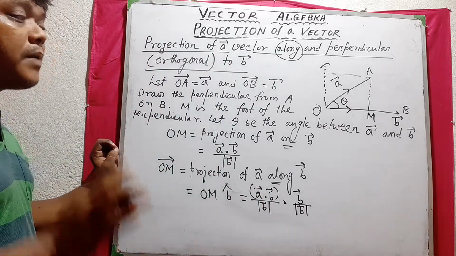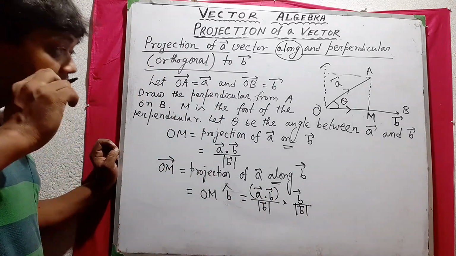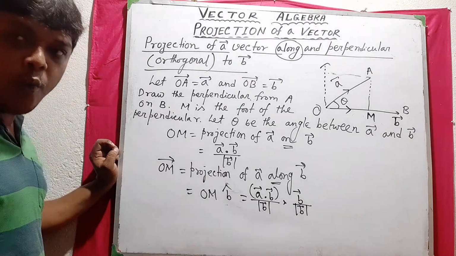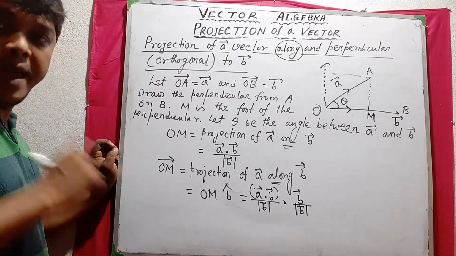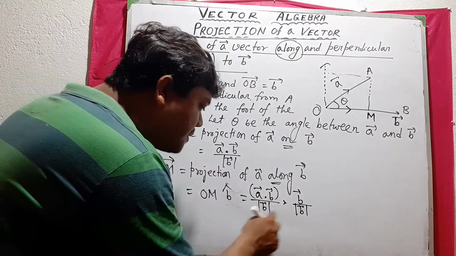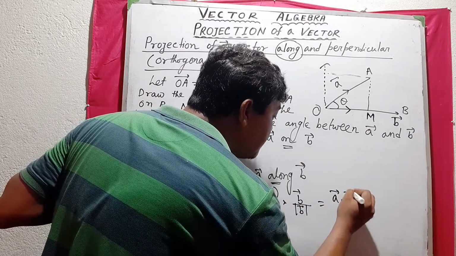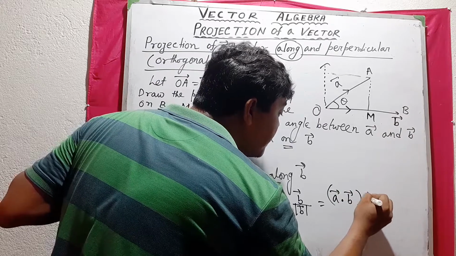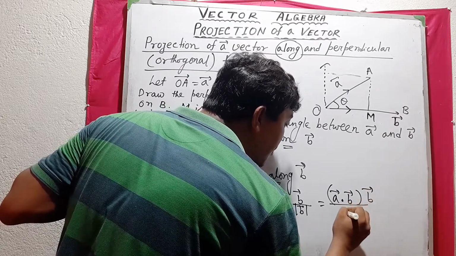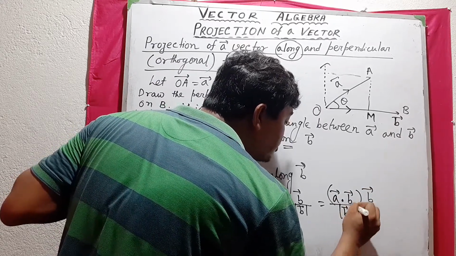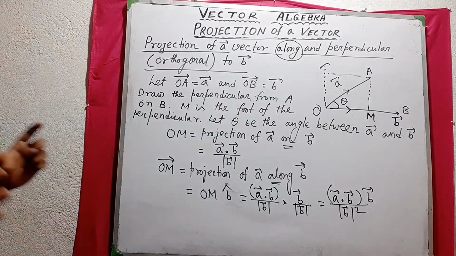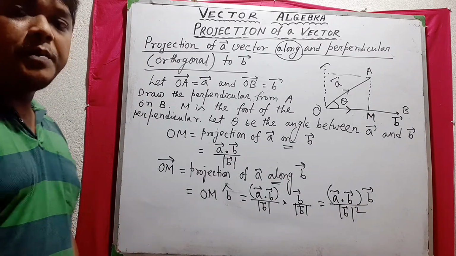B vector by mod B, that is the unit vector along OB, along OM. তাহলে that means A dot B into B vector by mod B square, that is the projection of A vector along B vector.